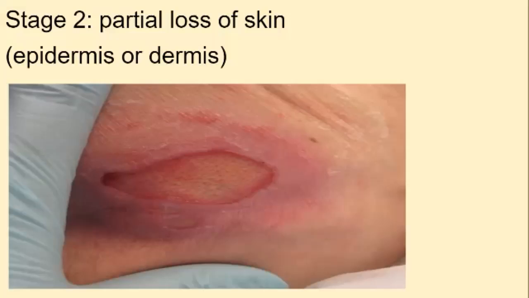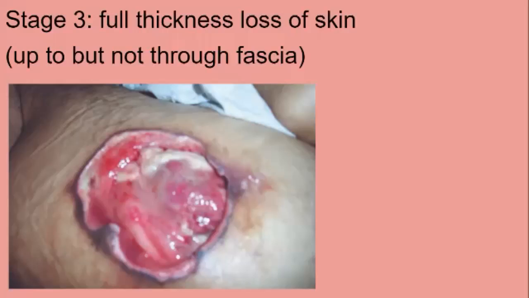Stage 2 is the partial loss of skin, epidermis or dermis, and you can see where that top layer of skin is gone, and now it's getting a little deeper, causing partial loss of the skin. Stage 3 is full thickness loss of the skin, but not up through the fascia.